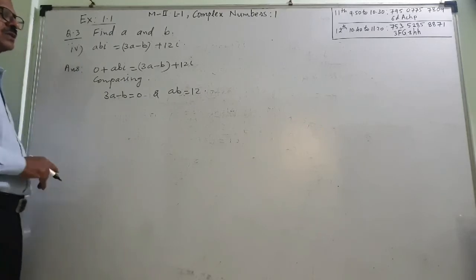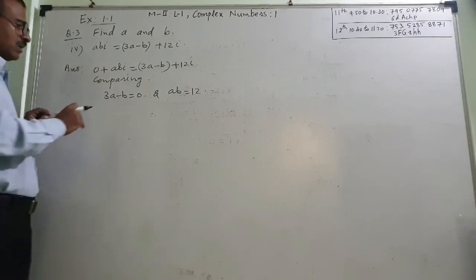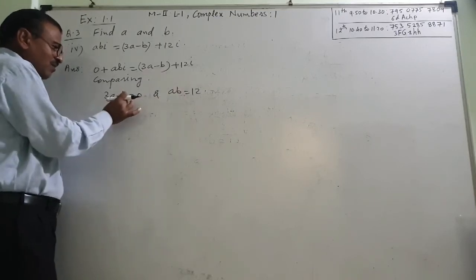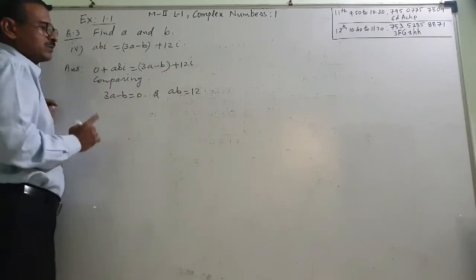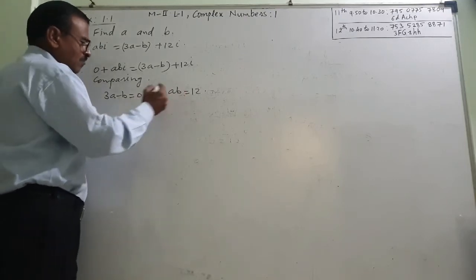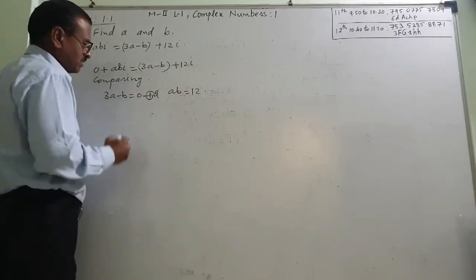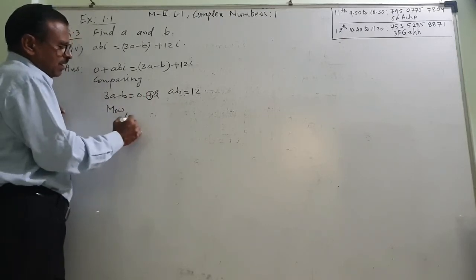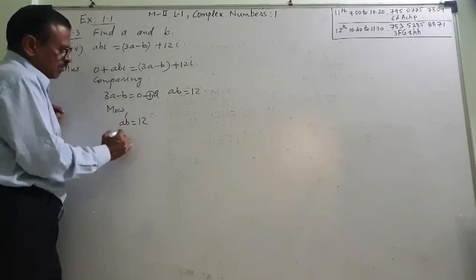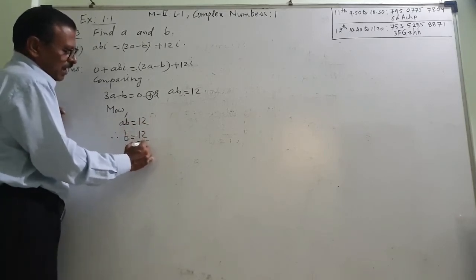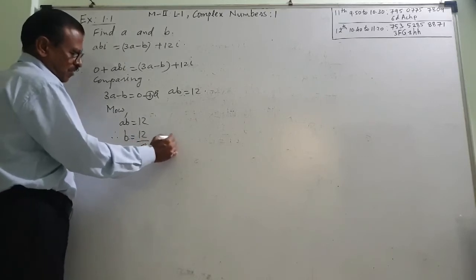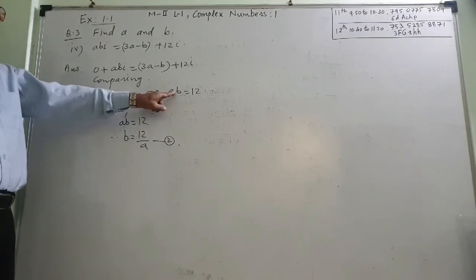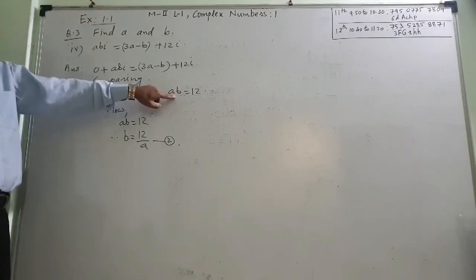How to solve this? That is important now. What is meant by a or what is meant by b, that value I will put here. Therefore, this is number 1. Now, I will consider these two numbers, ab equal to 12. Therefore, b equal to 12 upon a. This is number 2. If it is plus or minus, that type of sum we have solved in standard 10.